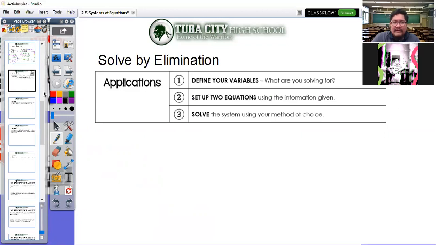All right, so solving applications using elimination. First thing is define your variable. So what are we solving for? What are we trying to get? And this helps if you write it down as well. Next, you have to set up 2 equations using the information they give you. And then it says solve using the method of your choice.